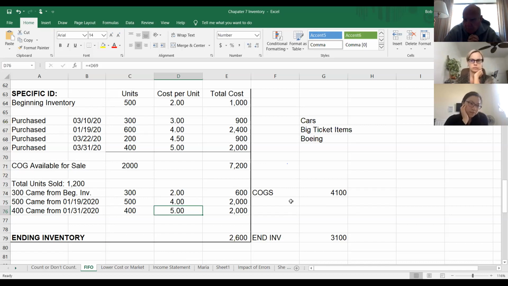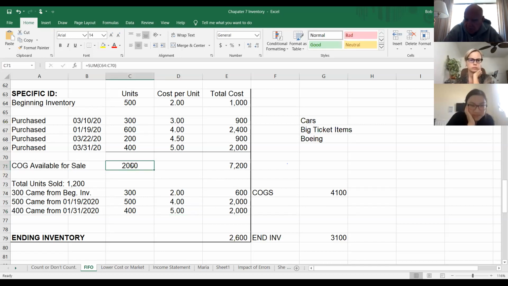Why not 300? Why is 300 and not 500? Okay, we had 2,000 cars in our parking lot, right? We sold 300 cars that were in this inventory here.